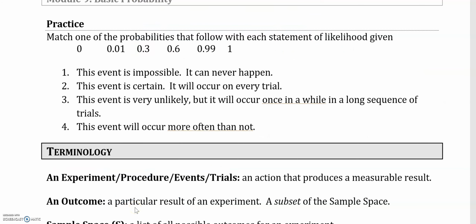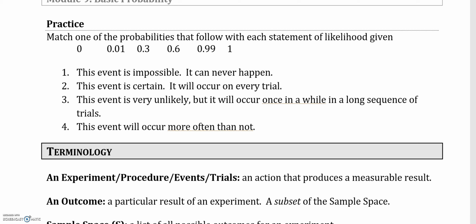So here's a practice question. It says, match one of the probabilities that follow with each statement of likelihood given. The various probabilities that we have to choose from are 0, 0.01, 0.3, 0.6, 0.99, and 1. You can see that these values increase and are listed in order from 0 to 1. Okay, so the different statements.